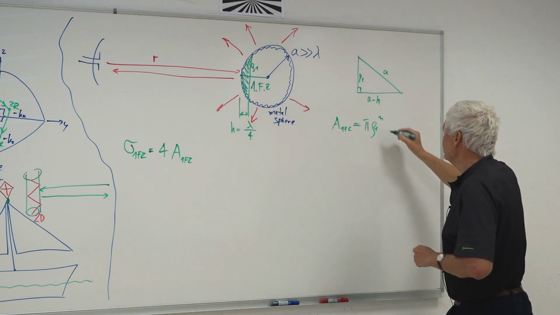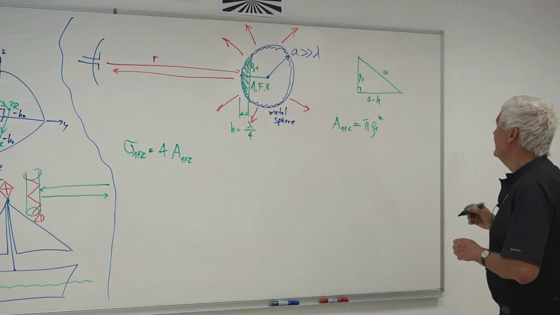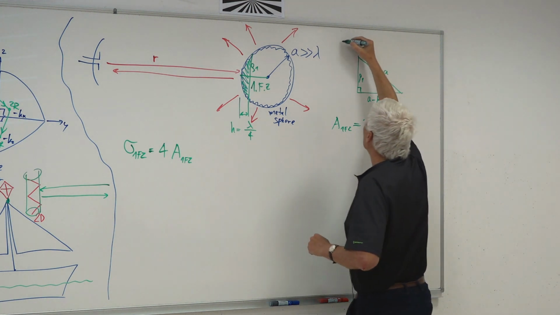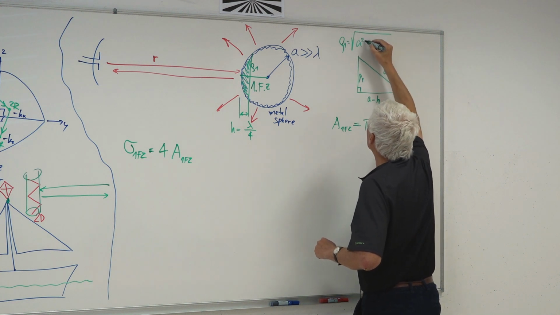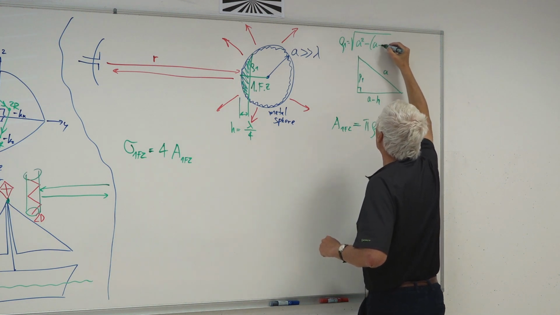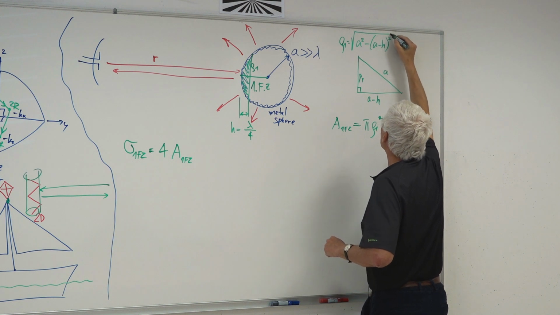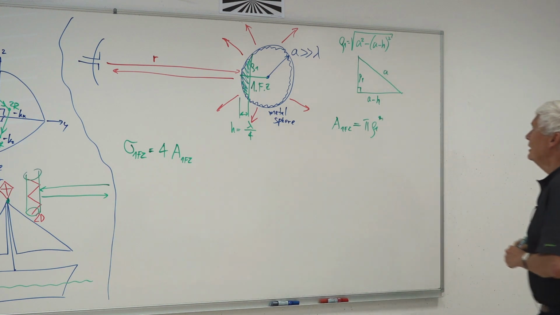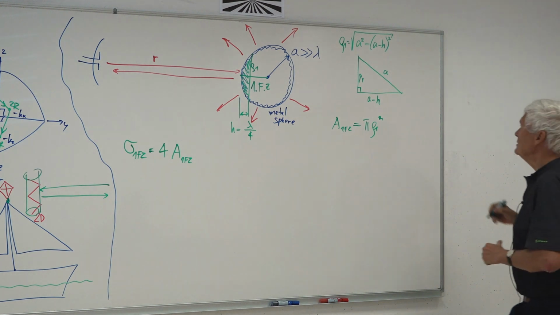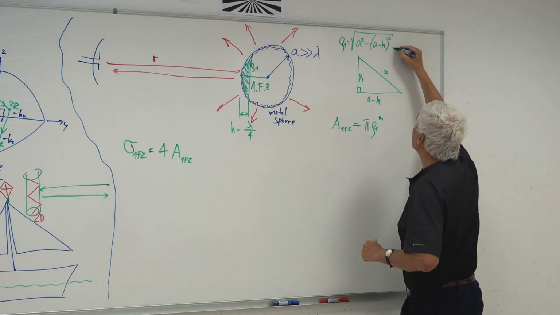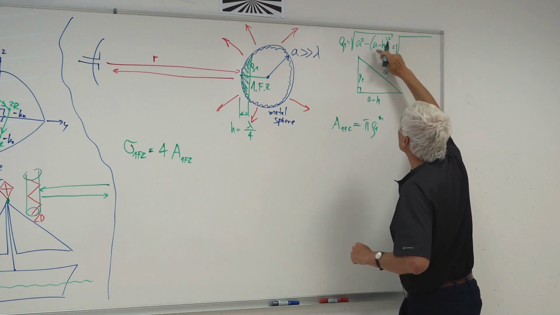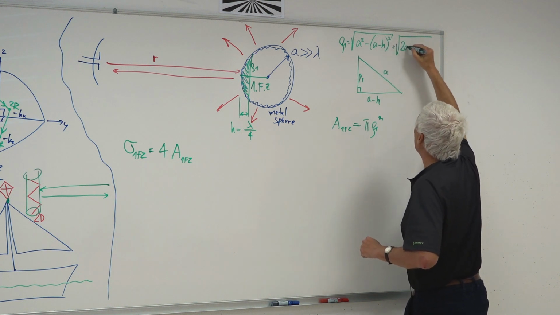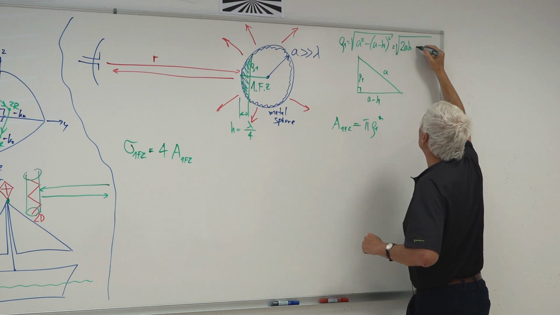According to Pythagoras, rho 1 is the square root of A squared minus (A minus H) squared. If I calculate this, it is the square root of 2AH minus H squared.